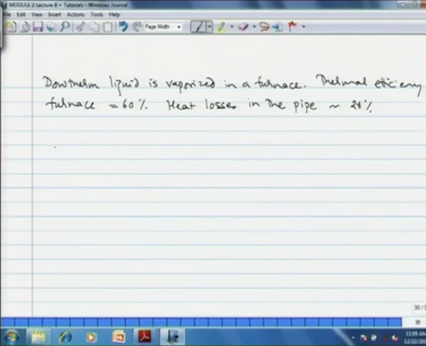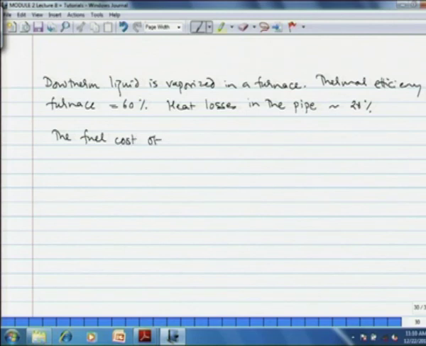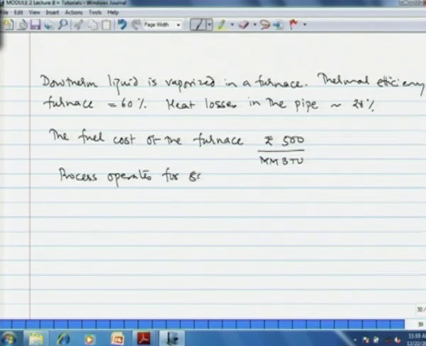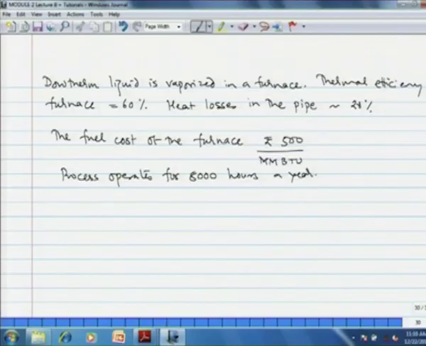Okay, that is it. The fuel cost of the furnace, which could be an oil fired furnace or diesel fired furnace, okay, can be taken as rupees 500 per MMBTU, million BTU, okay, and the process operates 8,000 hours a year. So, this is the data that we have for this particular process.